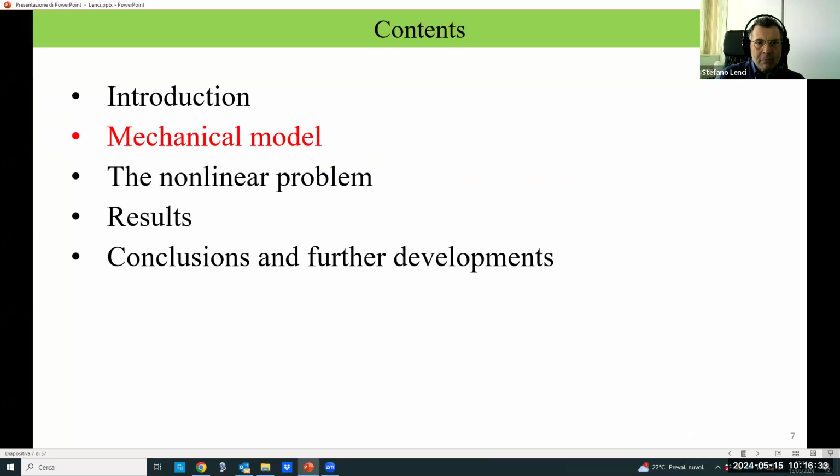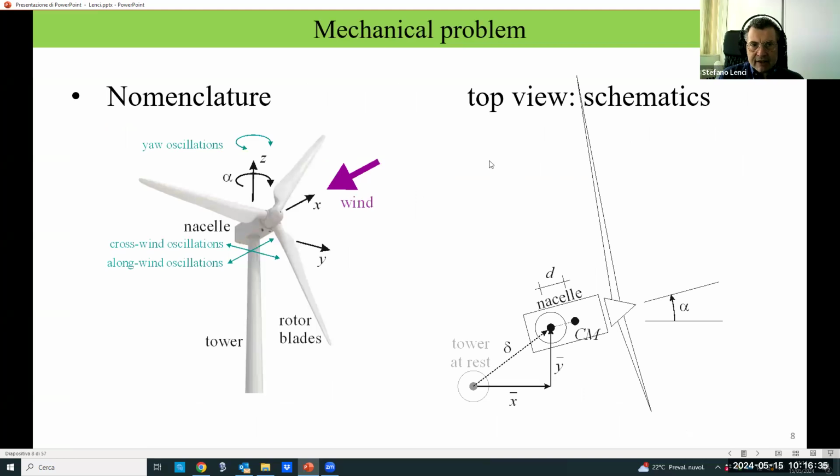Okay, let's move to the mechanical model. Here is basically our tower, the nacelle, the rotor blades. The rotation is known, and there is yaw oscillation. We have the along-wind oscillation, which is in the x direction where the wind forces. And this wind could be also earthquakes, could be also sea waves.